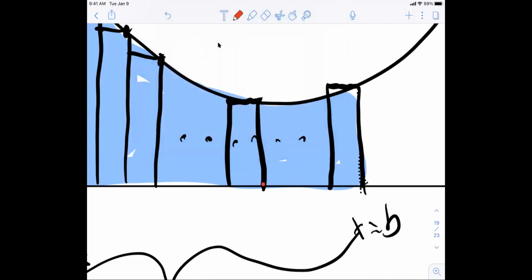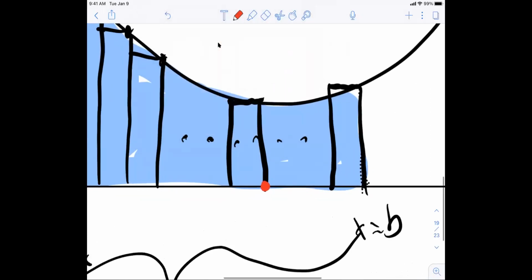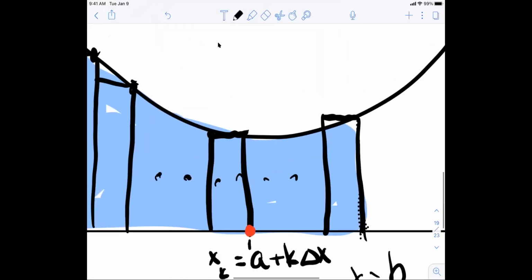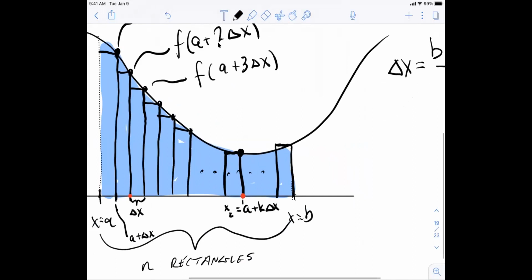I'm going to call this x coordinate xk, which is, again, k steps away from a. So a plus k times delta x. Okay, that's that point there. Then the function value at that point is just going to be f of that x value, a plus k times delta x. Okay.